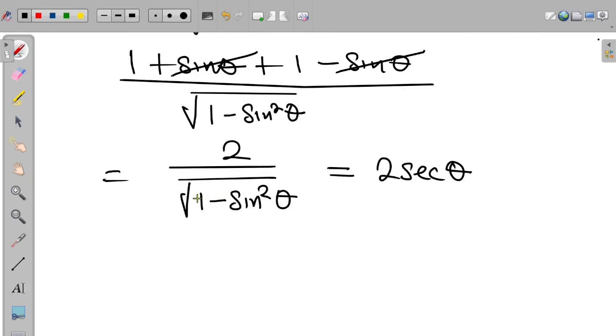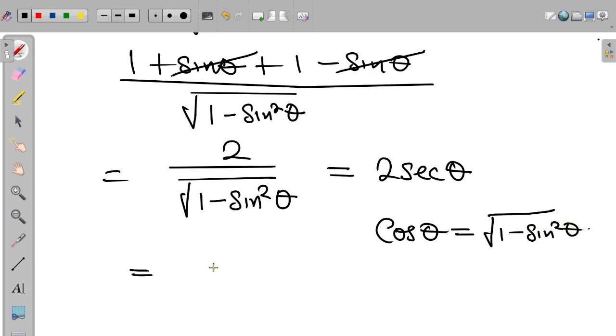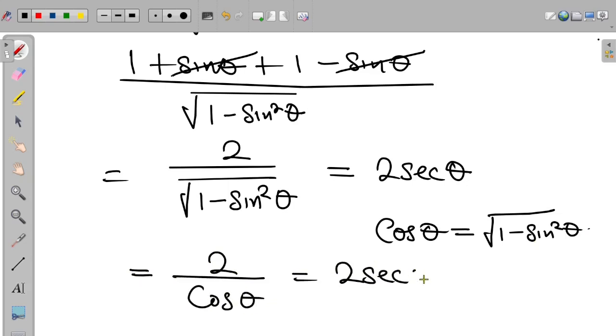But looking at the denominator, from the trig identity, we know that cos theta is equal to root of 1 minus sine squared theta. So therefore, we have this is 2 divided by cos theta, equal to 2 sec theta.